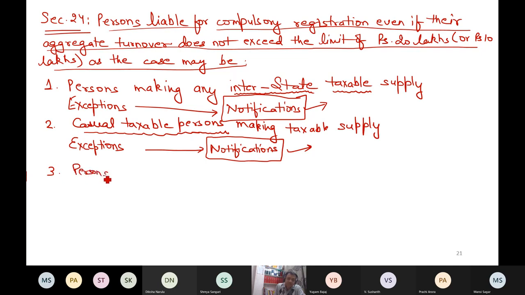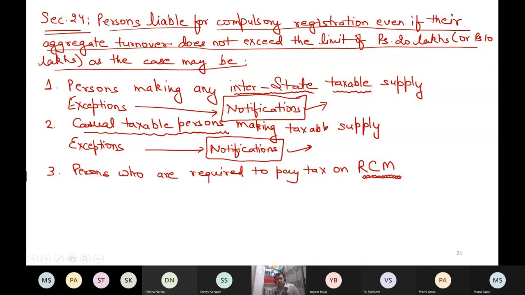Persons, all persons who are required to pay tax on reverse charge mechanism basis are compulsorily required to take GST registration.